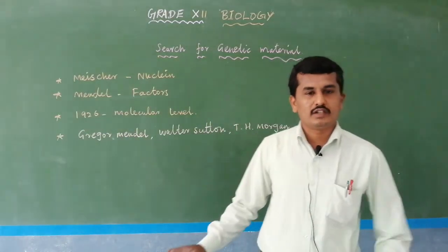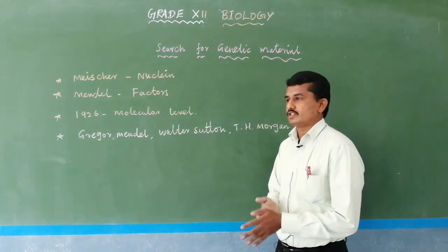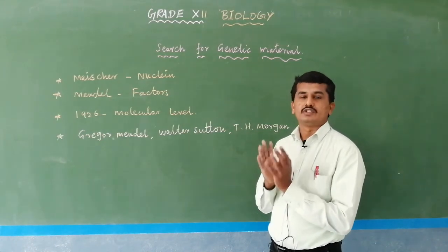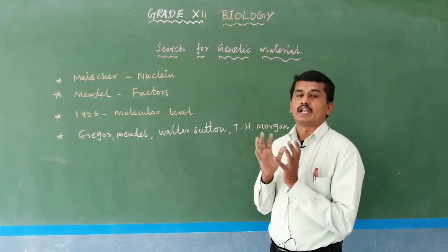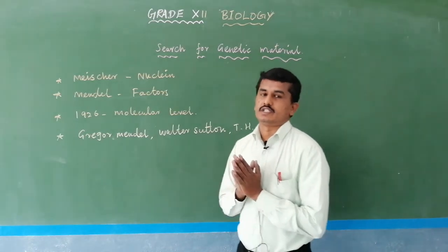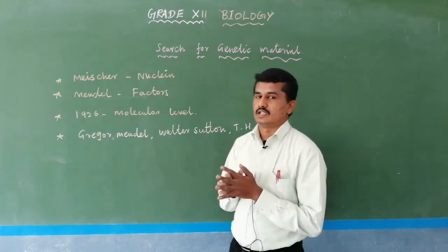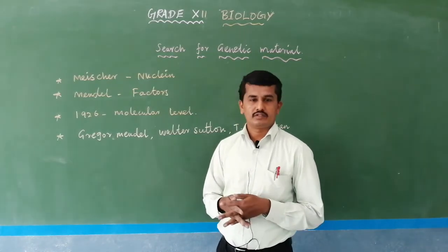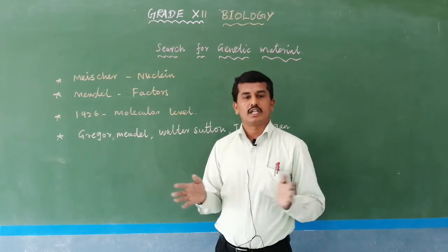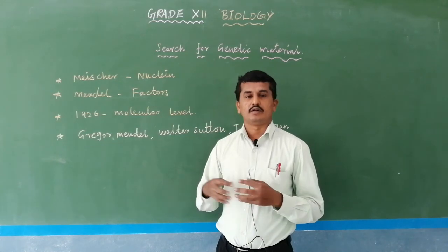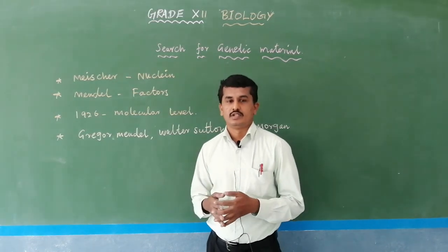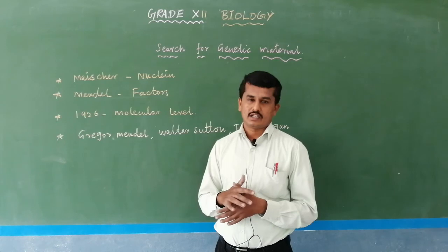So various scientists performed various research and identified DNA, and that DNA is the genetic material. Normally, we know today that DNA is the genetic material. In the majority of organisms DNA is the genetic material, and in some viruses RNA also acts as the genetic material.